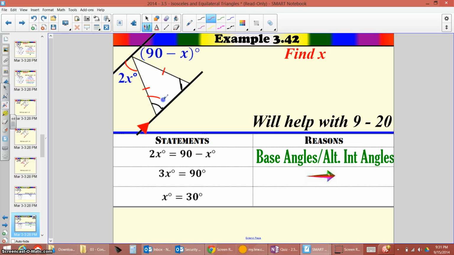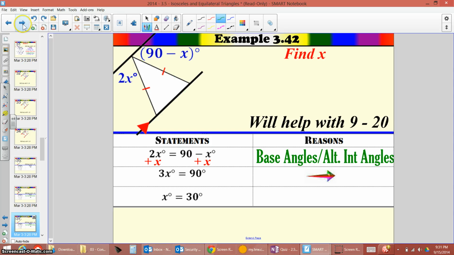So these two angles are the same from alternate interior angles. And these two angles are the same from alternate interior angles. Well, if I go from green to green, green and red are the same. So then green and red are the same up here. Regardless of how you want to do it, all you need to know is that they're equal.